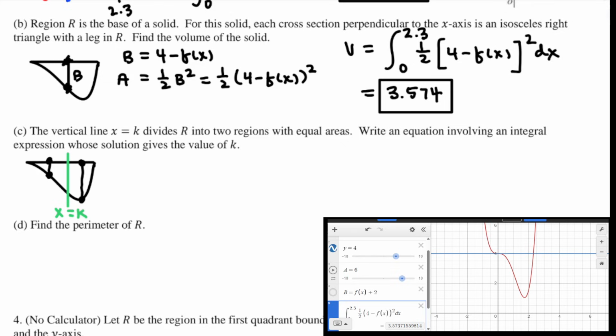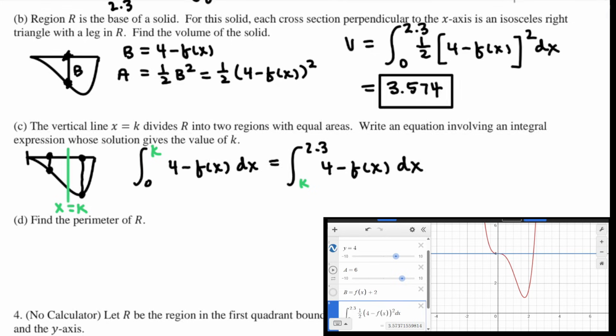Top and bottom is going to stay consistent, so it's going to be easy enough for us to compute an integral. We know the region starts on the left at x equals 0, so we're going to integrate from x equals 0 up to x equals k on top minus bottom. That would be 4 minus f of x. And that would be equal to the integral from k up to 2.3 of the same thing, because top and bottom didn't change.